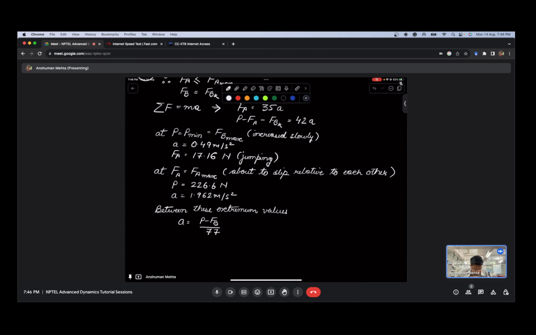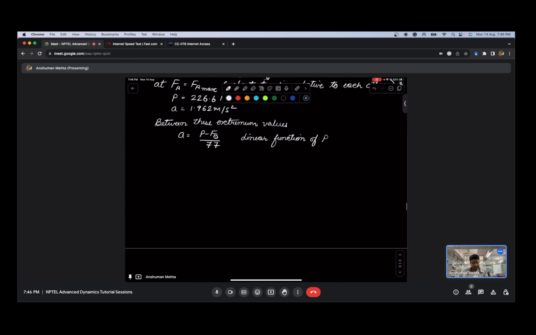So this is the linear function of P. Therefore P will be less than FB max, so it will be between the FB max and 226.6 Newton.